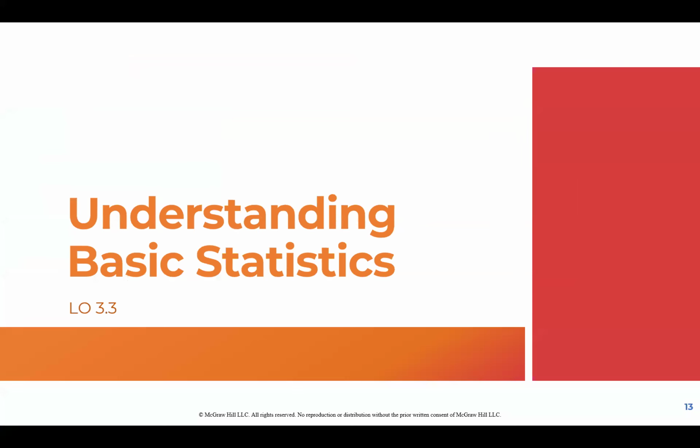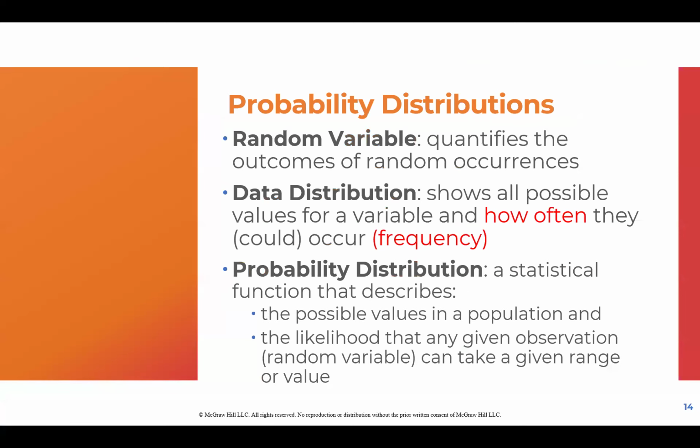Understanding basic statistics. That's the topic. You must have studied it in other courses. Random variable: a variable is basically an attribute that reveals certain characteristics of an object or an entity. In object-oriented programming or systems analysis and design, anything is an object.